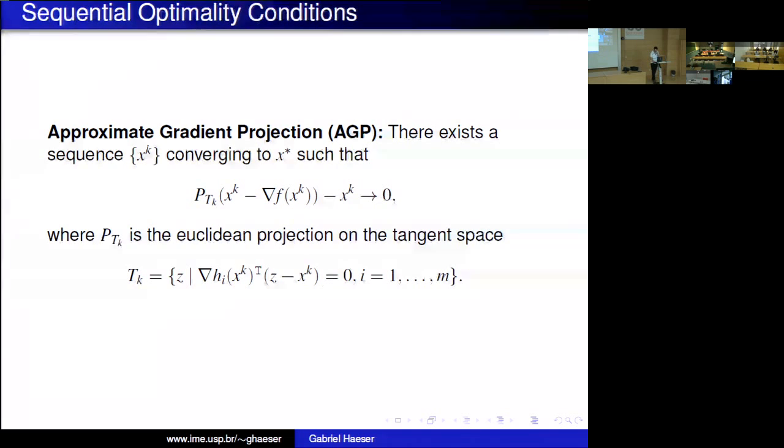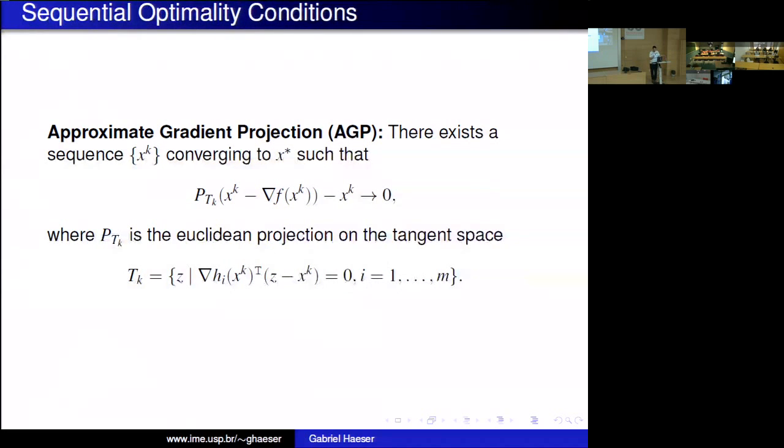So this idea came from this algorithm of inexact restoration. Each iteration of the algorithm has two phases. In the first phase, you try to improve feasibility without looking much at the optimality, the objective function.